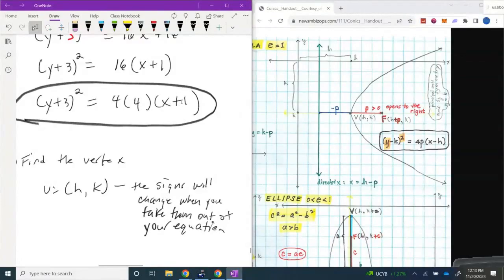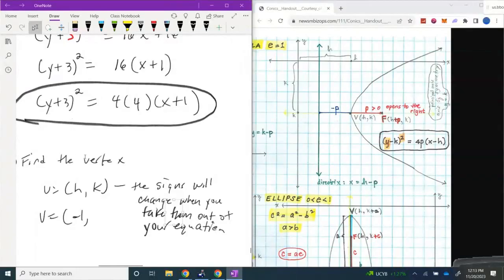But when I take this plus 1 out of my equation, I have to change the sign to -1. And I'll explain why we change the signs in a second. K follows Y. So I'm looking over here and 3 follows Y, but it's positive.